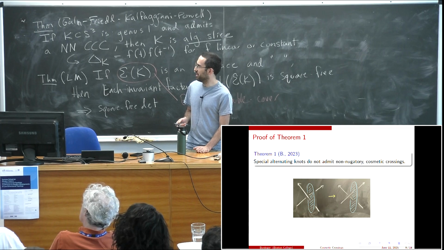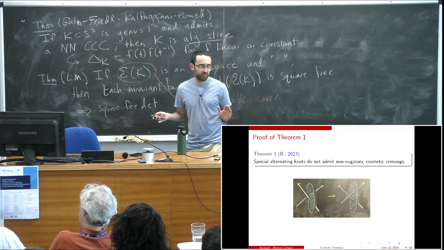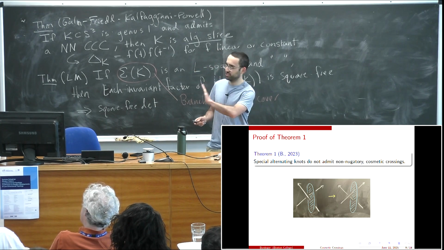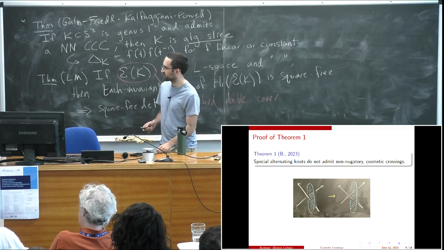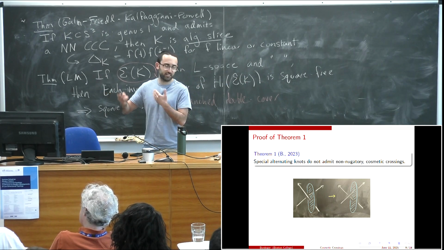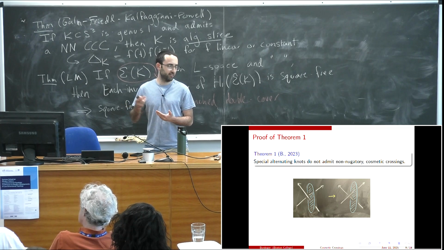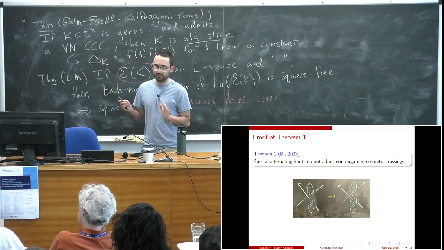Yeah. So we can now sketch the theorem, right? So we're going to leave diagrams behind. We're just working topologically. And we can talk about plus or minus 1 surgery on a crossing disk instead of thinking about a diagram.